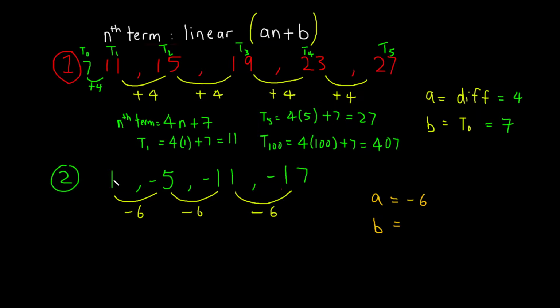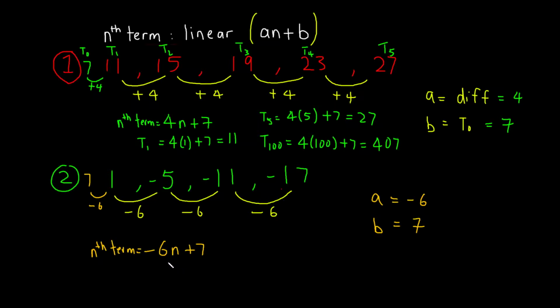So what minus 6 becomes 1? 7 minus 6 equals 1. So term 0 is 7 again. Alright, now we put this back into the formula once more. Negative 6n plus 7. This is your nth term.